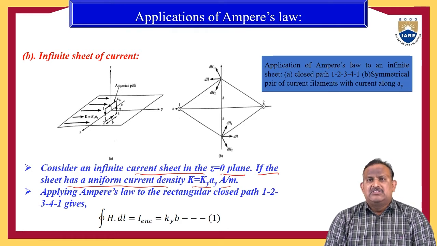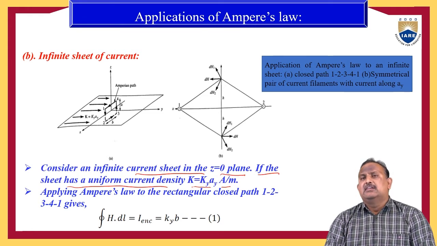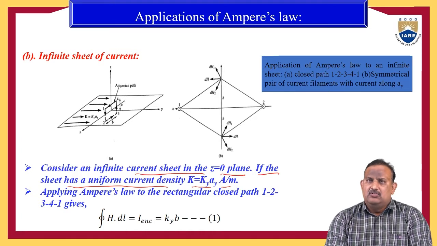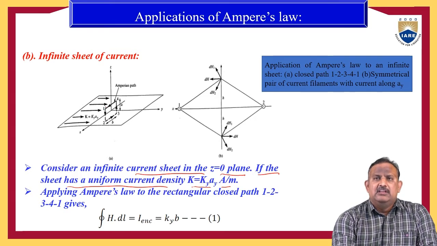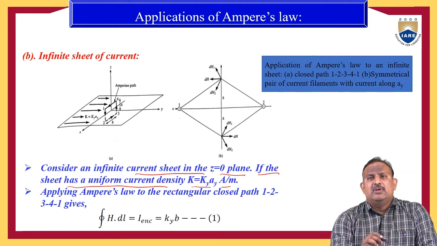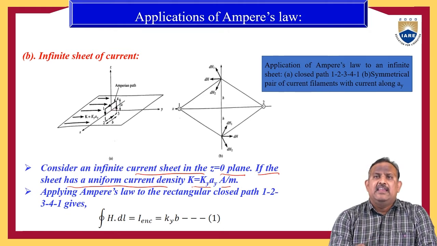To apply that, we first need to check whether there is a uniform current distribution. Because it is an infinite sheet, we can automatically assume it has a uniform current distribution. When there is a uniform current distribution, we need to construct an Amperian path.